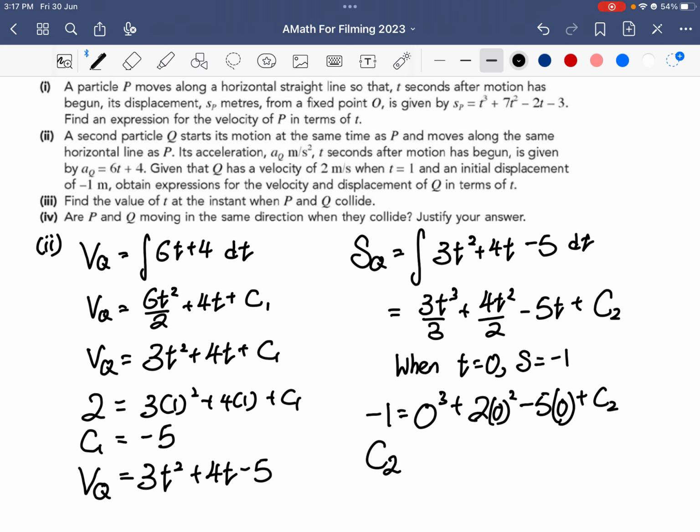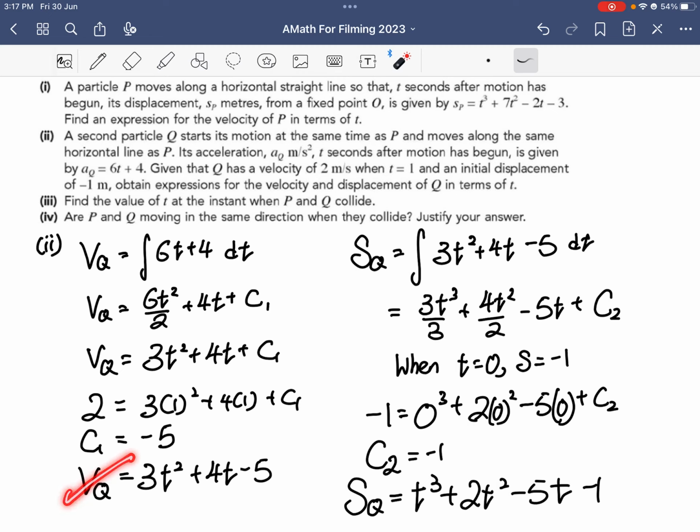If you solve, you'll find that c2 is equal to negative 1. Hence, the displacement of particle Q is t cubed plus 2t squared minus 5t minus 1. So I already have my expression for the velocity of Q and the displacement of Q given by these two equations over here.